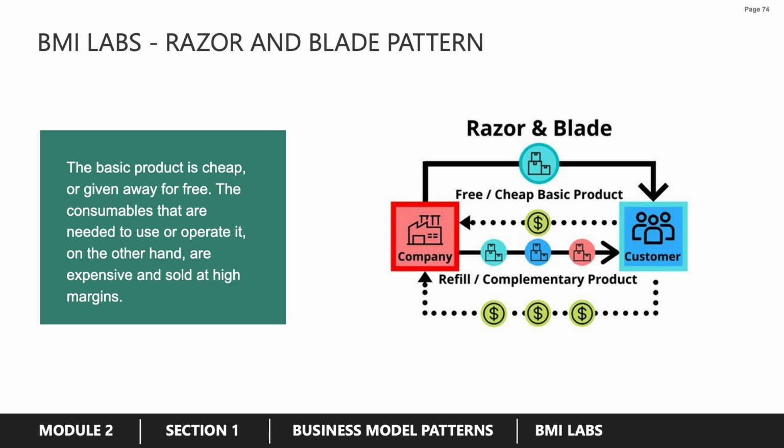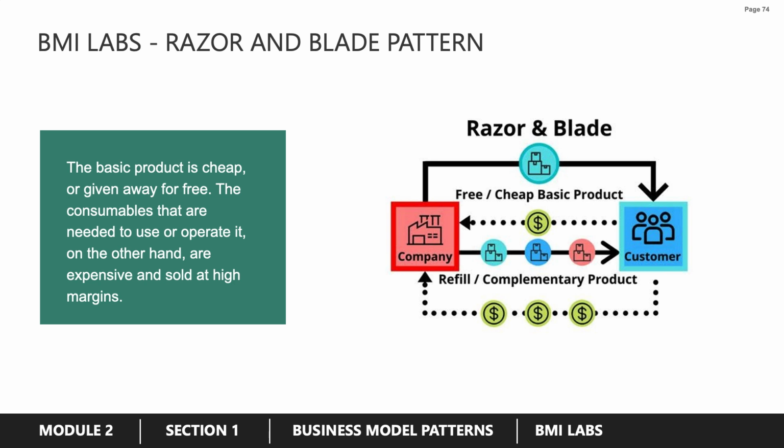If you take Dollar Shave Club, it sells the razors and it sells the blades, in simple terms. And again, companies like Gillette and Dollar Shave Club build on this model. The difference between the two is that Dollar Shave Club combined different patterns.